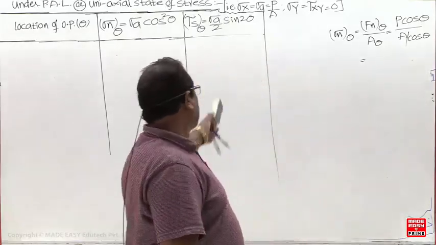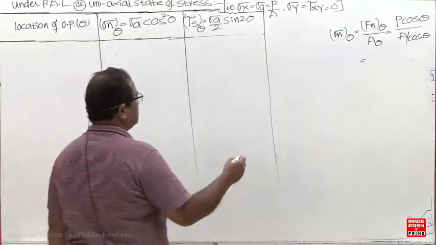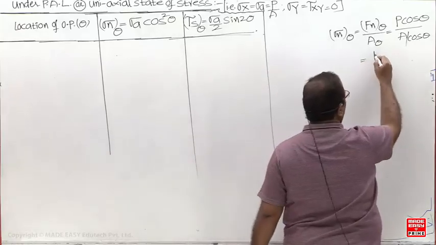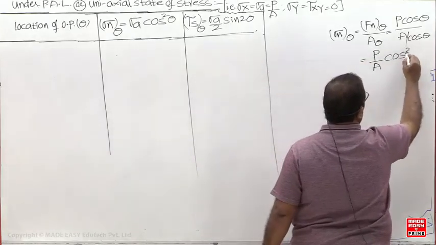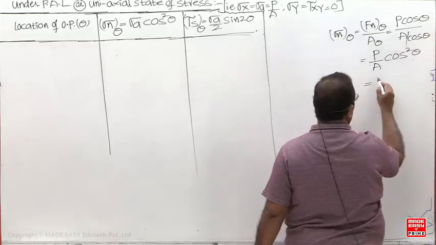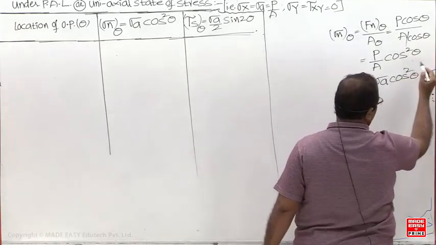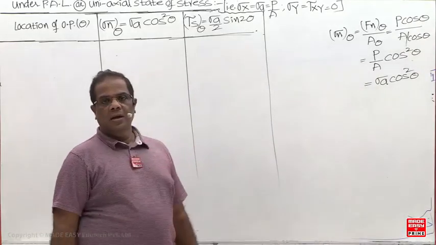That's why you are getting a second order equation, sigma A cos square theta. So always, stress is a second order tensor at a point.